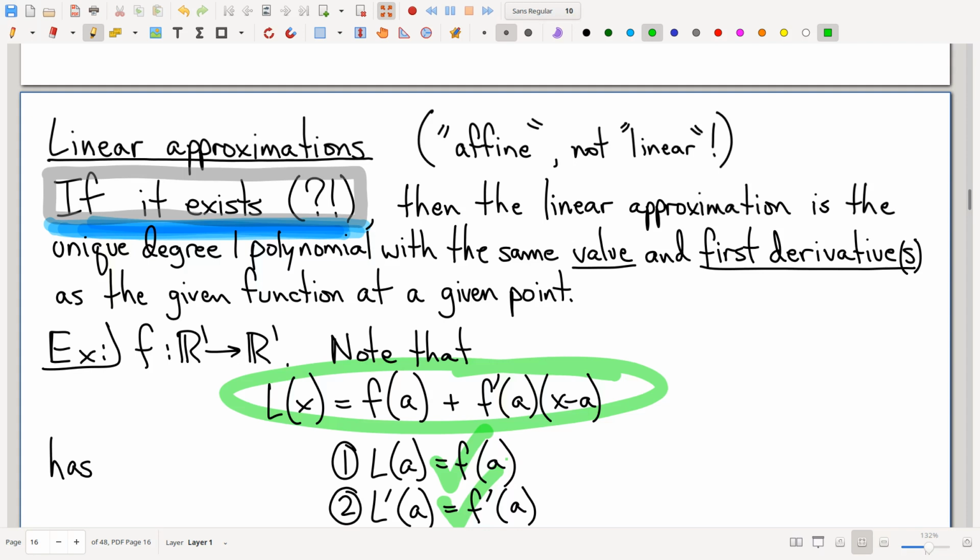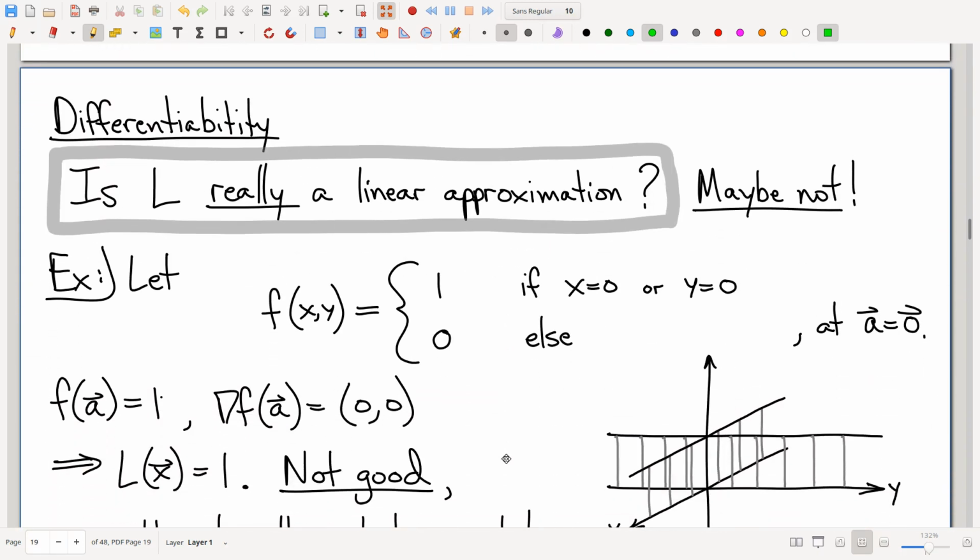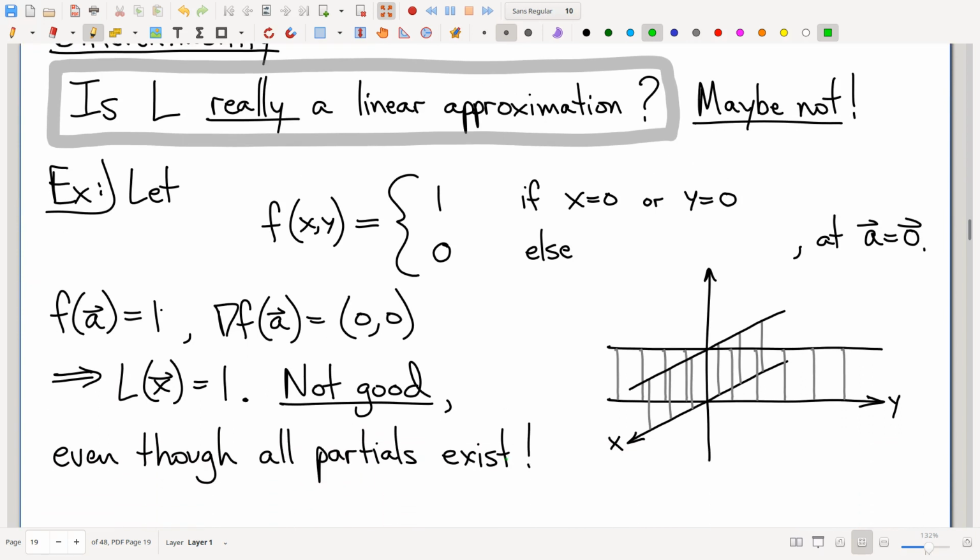I'm looking at all of the degree 1 polynomials, and I'm just trying to decide which of these degree 1 polynomials I like the best. But what if none of them were any good in the first place? Well, then writing down a formula isn't helpful. So everything that I did here previously is on the assumption that there even is something that could reasonably be called a linear approximation. So now let's look at this example here, and I claim sometimes there really isn't a good linear approximation.